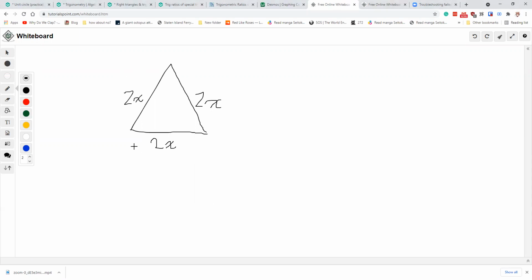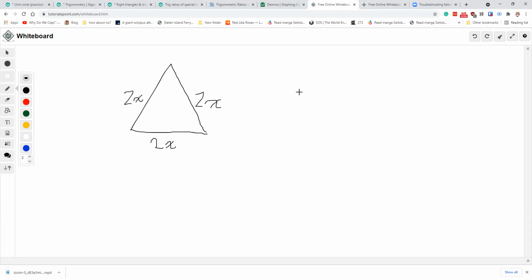with an equilateral triangle, and let's say that the length of each of the sides of the triangle is 2x. Now, it's an equilateral triangle, which means that each of the sides has the same length, but also that each of the angles is the same.